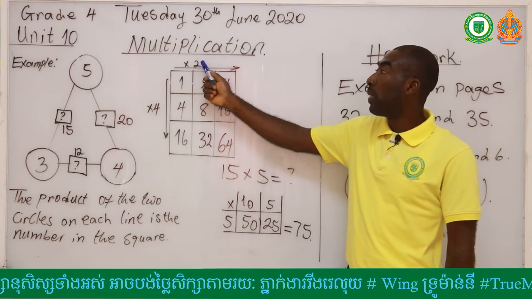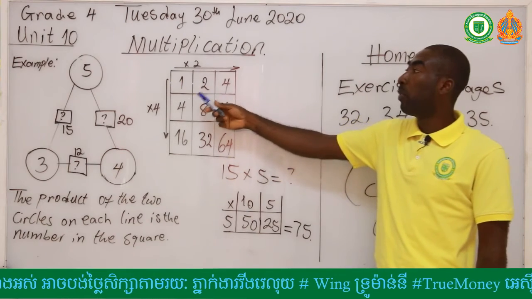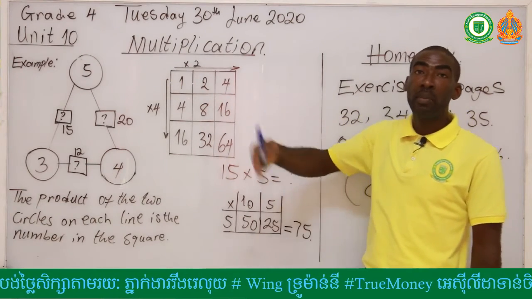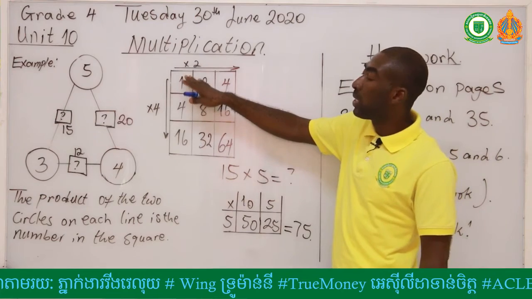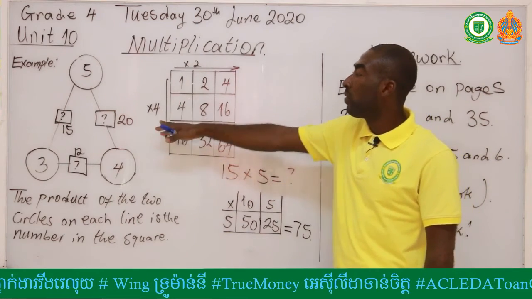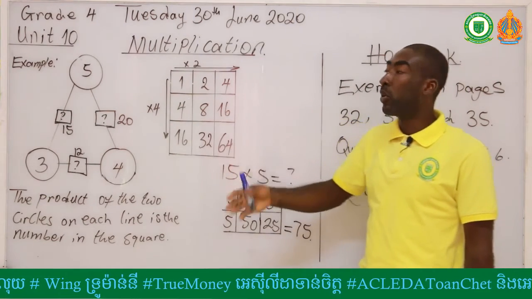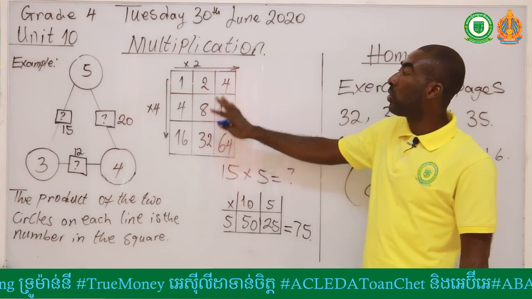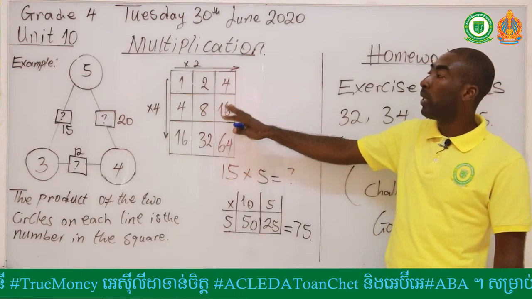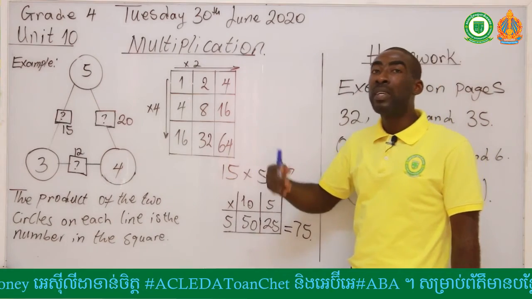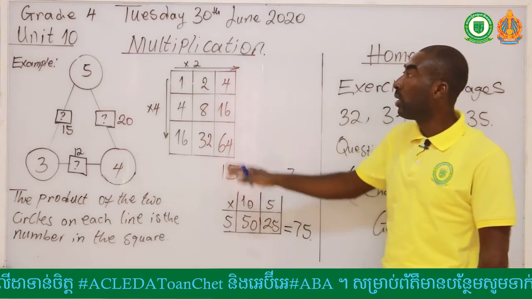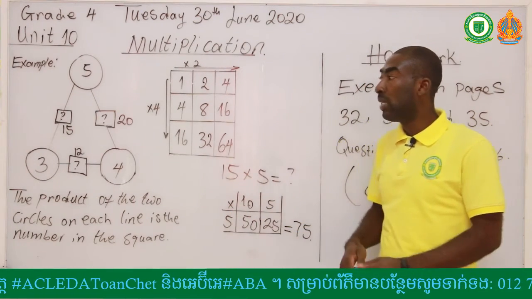That means multiply by 2. So all numbers going from left to right, we have to multiply them by 2. And all numbers coming downwards, we have to multiply them by 4. Okay, so this is a chart or a table that came with instruction in the form of a symbol, not in writing. Okay, so this is how you should identify.